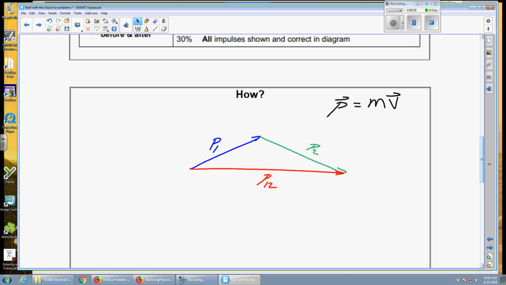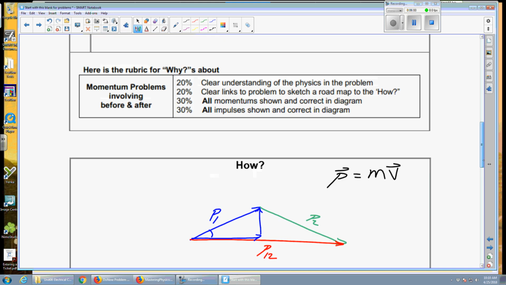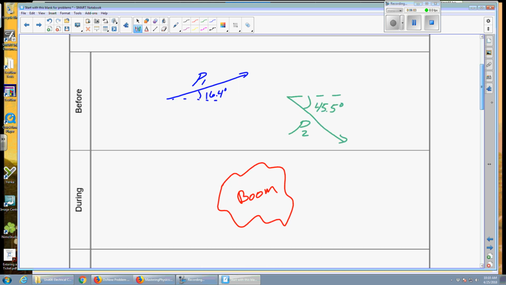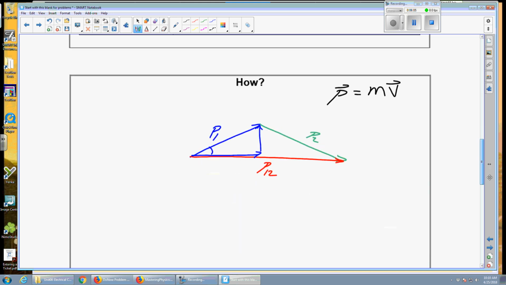So let's see. Blue would have a component in this direction and a component in that direction. And this would be whatever I drew up here, 16.4. And green is going to have a component in this direction and a component in that direction.